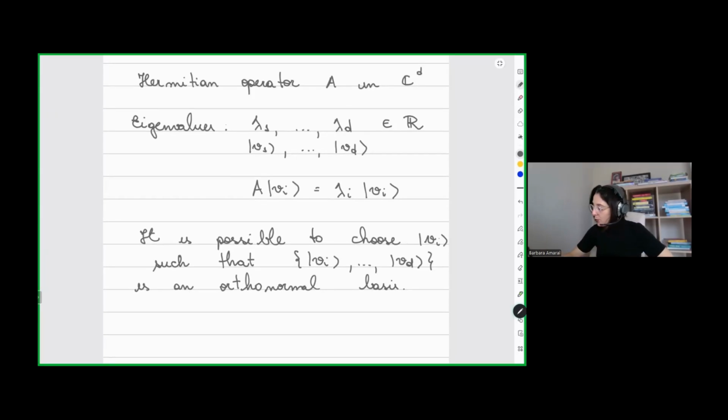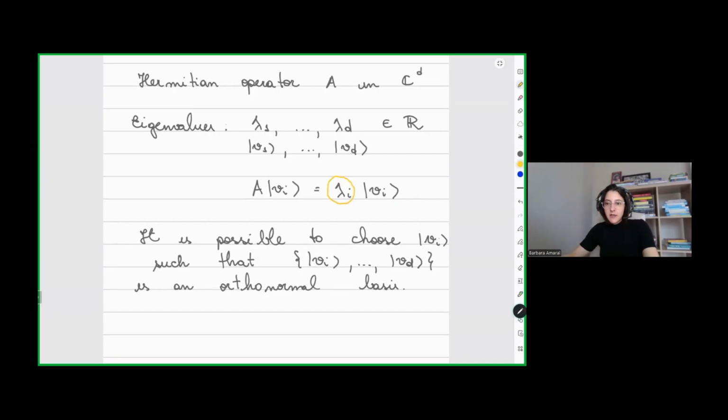And when we're studying quantum physics, for those of you who studied physics in undergrad or later in grad school, you will remember that we pay a lot of attention to these guys here because they are actually the values that you can get in a measurement.